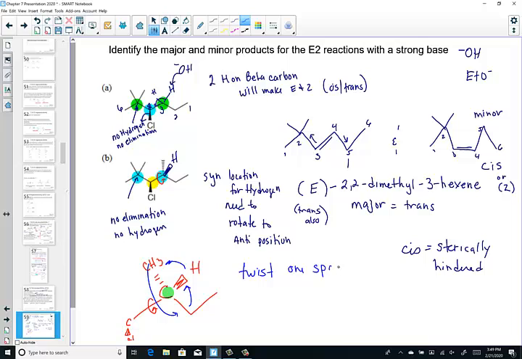I'm redrawing that green carbon already after rotating. And remember, sigma bonds, these are all single bonds, are free to rotate. So I'm not changing anything at all about the conformation. I'm just rotating to make sure the hydrogen is in the back.